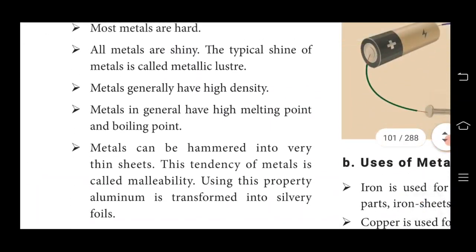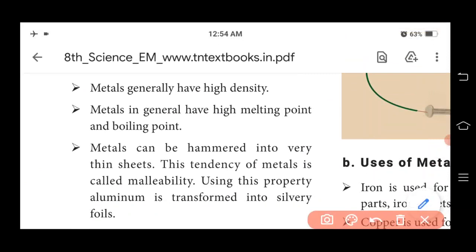Metals have high melting point and boiling point. Metals can be hammered into very thin sheets. Such property is known as malleability.